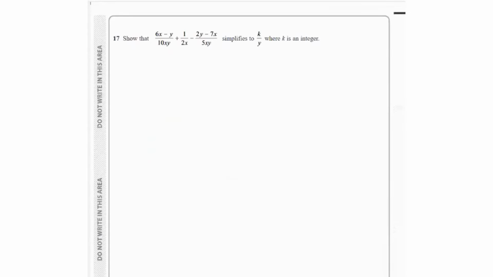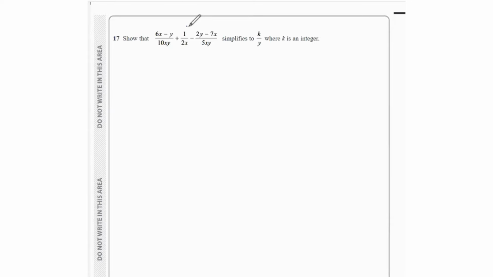Let's just show that (6x minus y) over 10xy plus 1 over (2x minus 2y) minus 7x over 5xy simplifies to k over y, where k is an integer. So as you know, whenever we're adding or subtracting fractions with unlike denominators, we have to make the denominators the same first. So 10 comes in the 2 times table and the 5 times table. So the first fraction would remain the same.